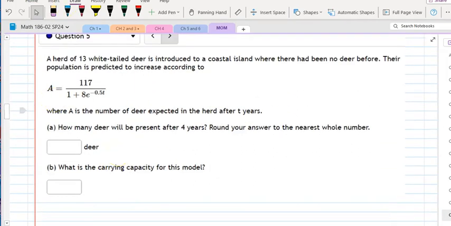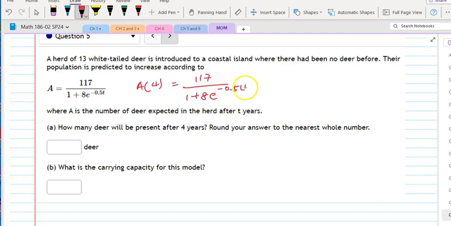At t equal to 4, A of 4 will equal 117 over 1 plus 8 e to the negative 0.5 times 4.